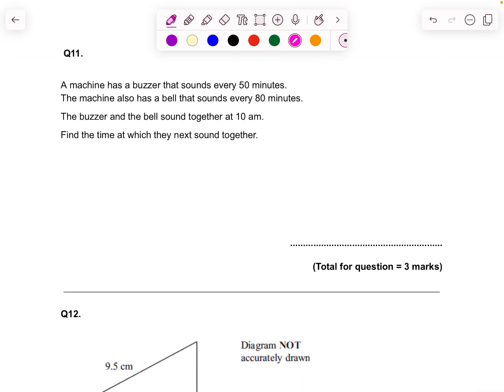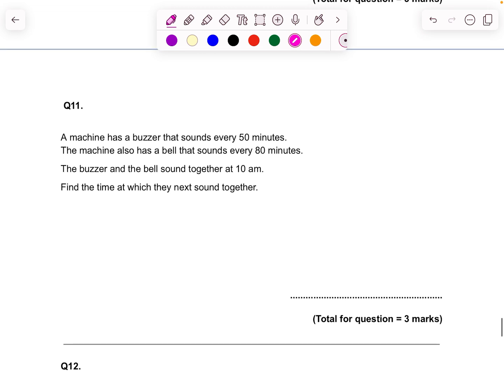This was an LCM question, and so it was completely up to you how you did it. You could do the trees, or you could have listed your 50 times table, your 80 times table. Either way, I think you get to 400.